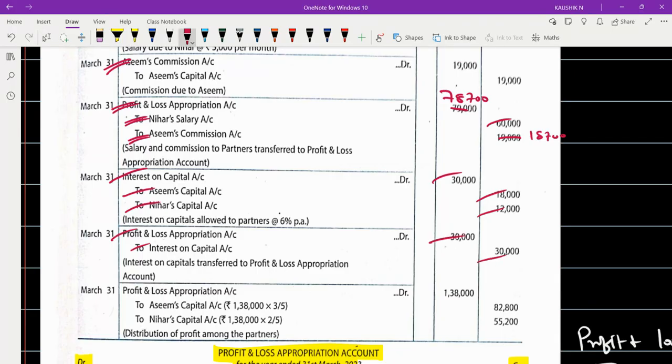You pass an entry. And finally, you need to pass an entry for the distribution of the profit among the partners. Profit and loss appropriation account is debited to Asim's capital account and Niha's capital account. It should be 1,38,300.